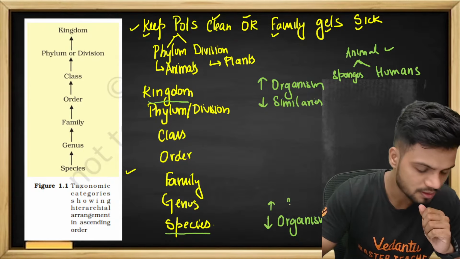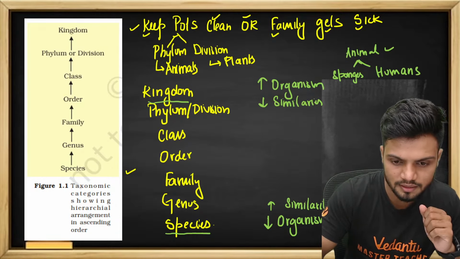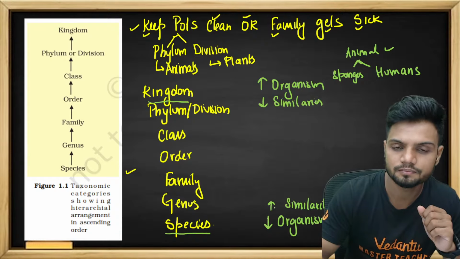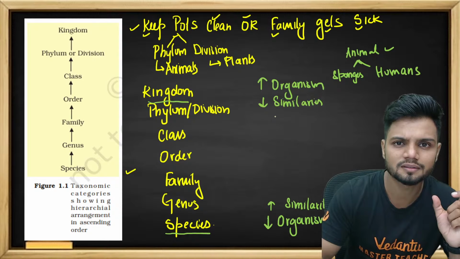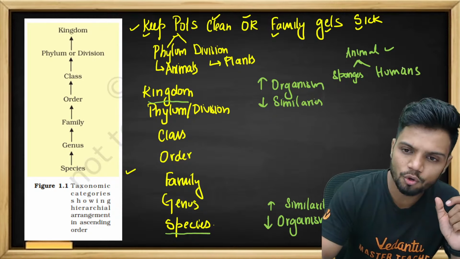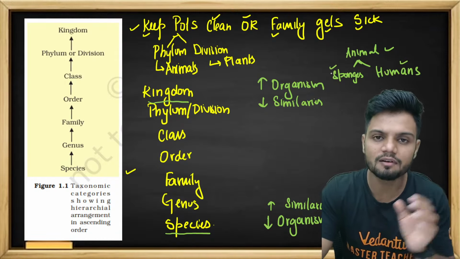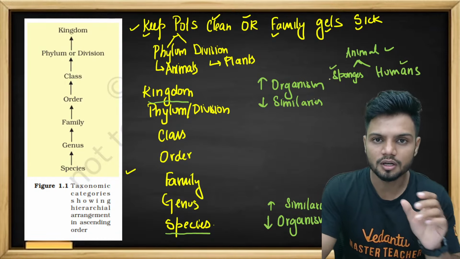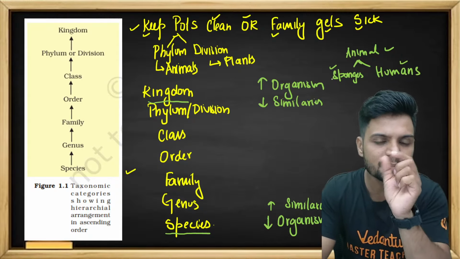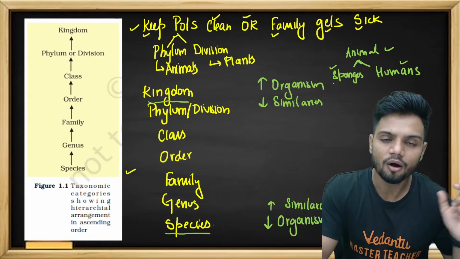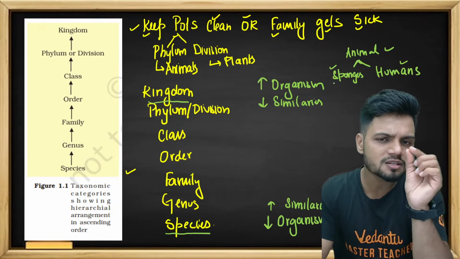There are more similarities. Yes, more similarities. Okay. Now, what about specific characters? In humans, mammals have a specific character. Sponges have a specific character. Pteridophytes or angiosperms have a flowering nature, a very specific character. Or when we come to algae, they have pyrenoids, which is a very specific character.